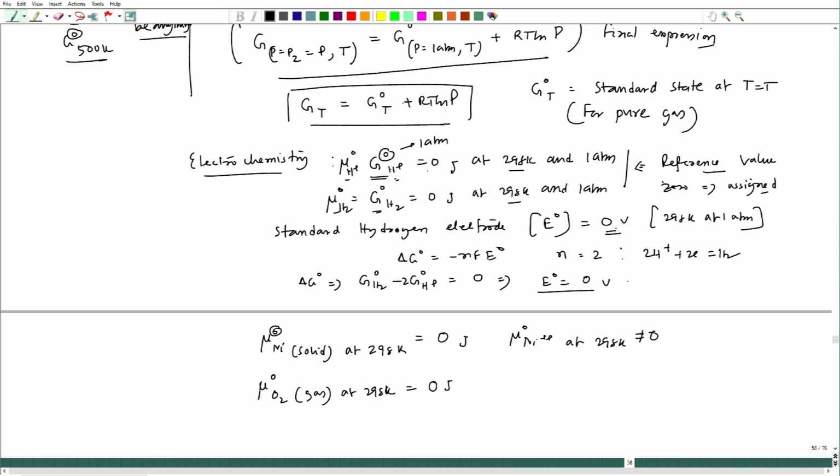These are basically assigned values, and 0 is the best possible value, because whatever value we calculate with reference to 0 would simply be that value, with the difference being either positive or negative. If the potential goes to the negative side, then this mu value would become positive. If the potential goes to the positive side, the mu value would be negative. That is the only difference, positive or minus, but since it is assigned 0, the calculation becomes easy.